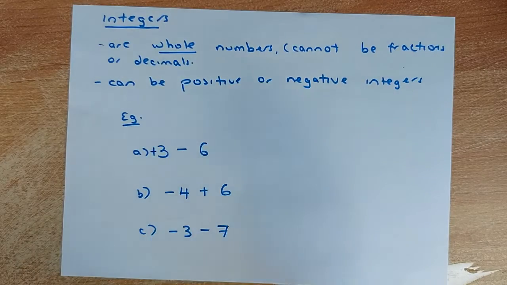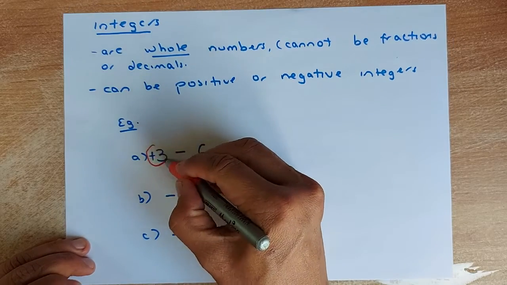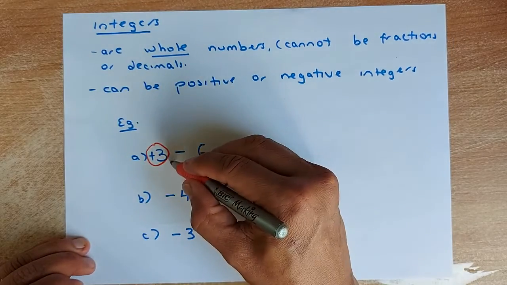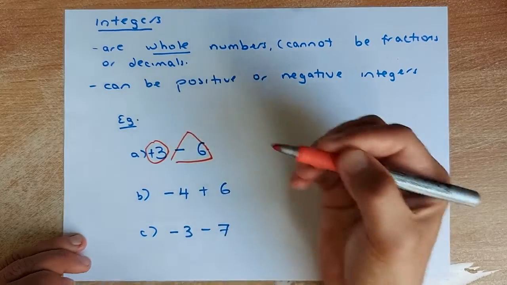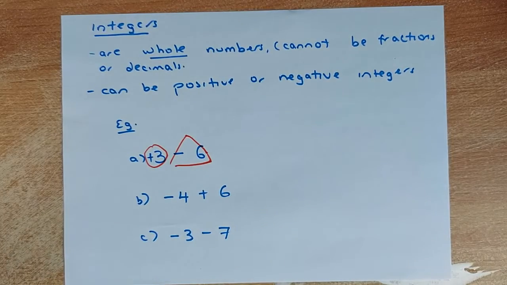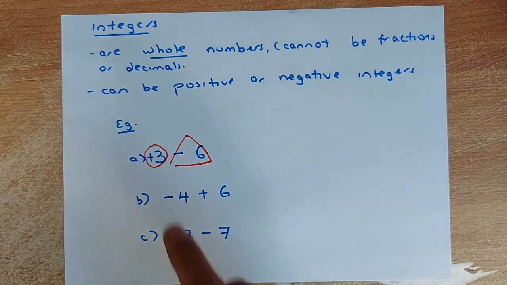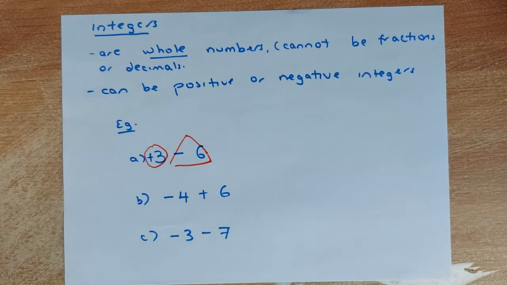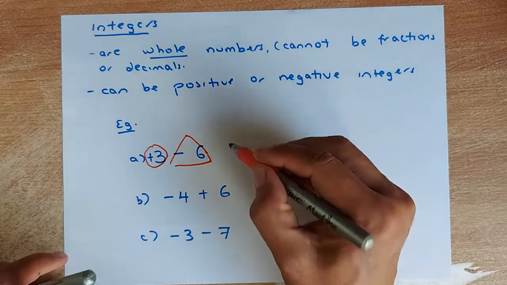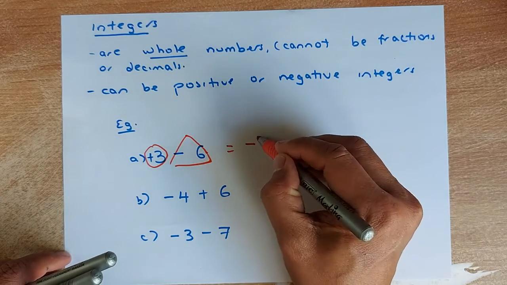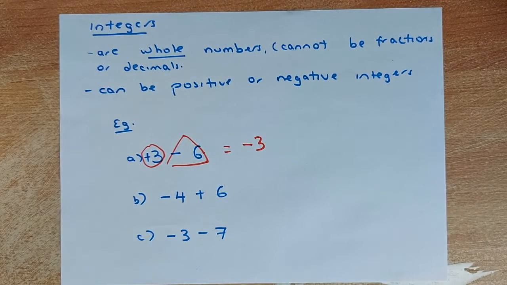This positive belongs to 3, so we circle them, positive 3, and then we have -6. A plus means you get $3 and -6 means you spend $6. So if you have $3 and you spend $6, the final answer is going to be -3.